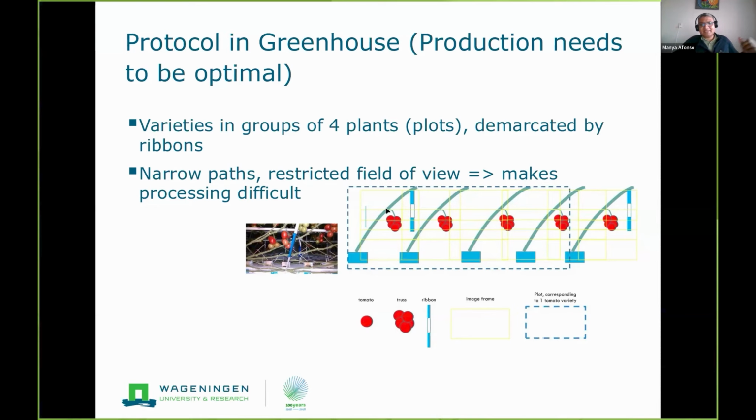So this makes our life a bit difficult. And the protocol used was that a group of plants of the same variety were delineated by these ribbons. But that makes it a bit easier because that helps in the image analysis.